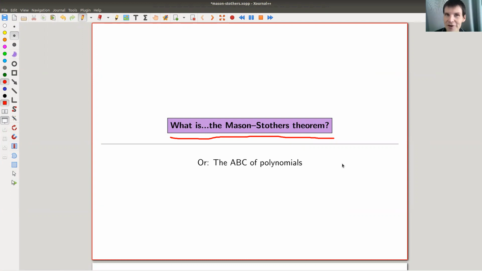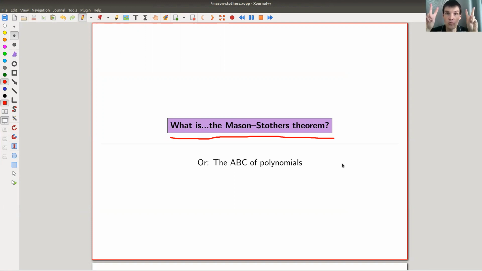If you want to ignore that I like polynomials more than numbers, that's good. Don't worry, this theorem itself is still pretty awesome. It will be a polynomial version of a very well-known conjecture or theorem in number theory, which in the end, my point will be, waffle aside here, that the polynomial version is just much easier, because in some sense polynomials are much easier.